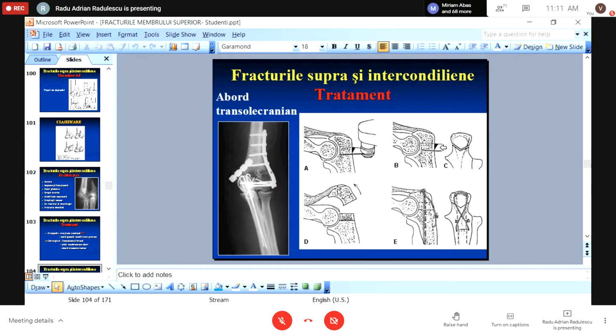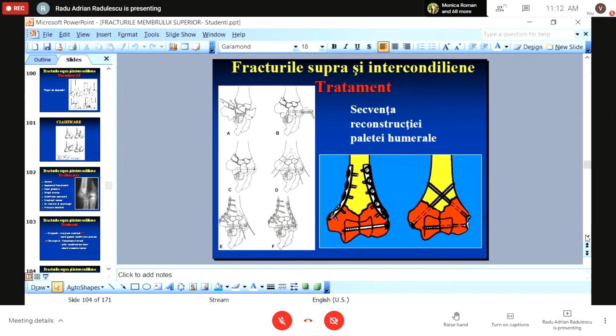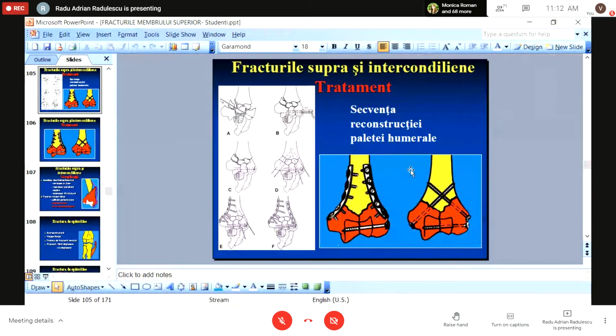Then we bend the olecranon in order to see the articular surface of the humerus and do the surgery on the humerus, which consists in restoring the articular surface. You can see here.